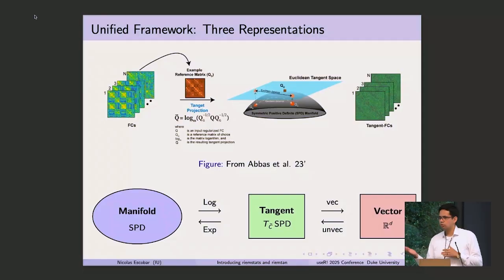You can go back and forth between the manifold and tangent space through maps called the exponential map and the logarithmic map. And as I said before, it's a bad idea to just vectorize the connectomes, but it's a less bad idea to vectorize the tangent representations. So you get these three different representations of connectomes: either in the manifold, in tangent space, or as a vectorization of the tangent space.